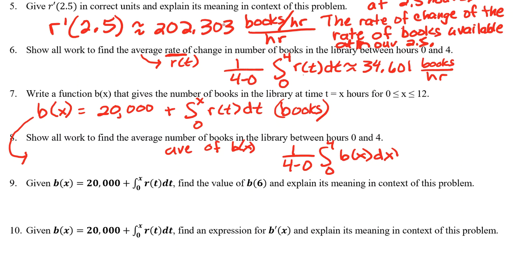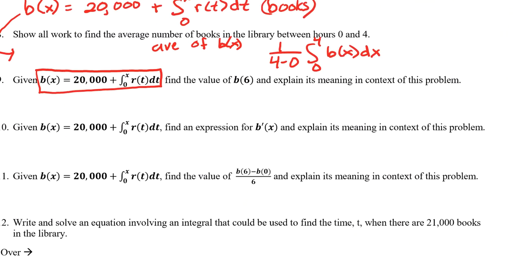And we only needed to write an expression, so I think I'm good there. All right, and then question 9. Now I've given you again the formula for b of x in case we might have had an error. So that is what we came up with in number 7, so we're looking good.